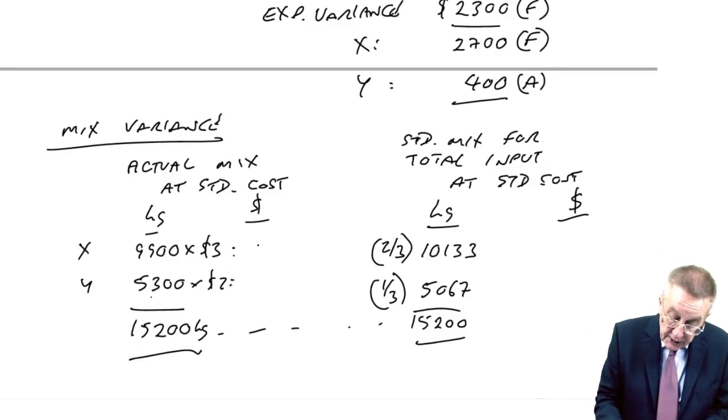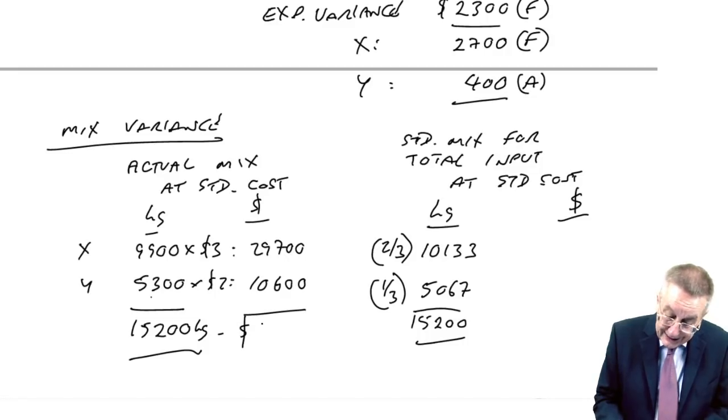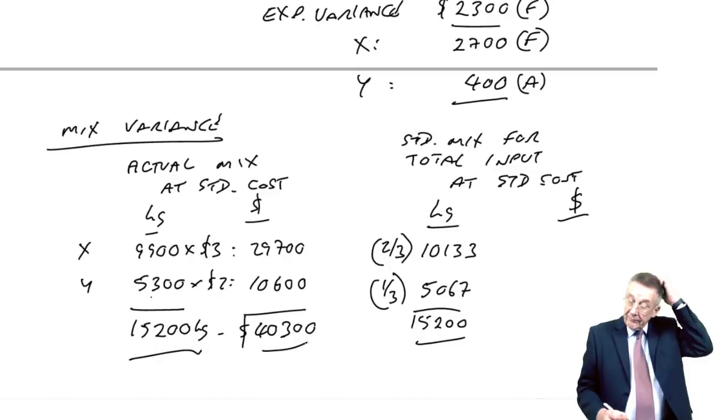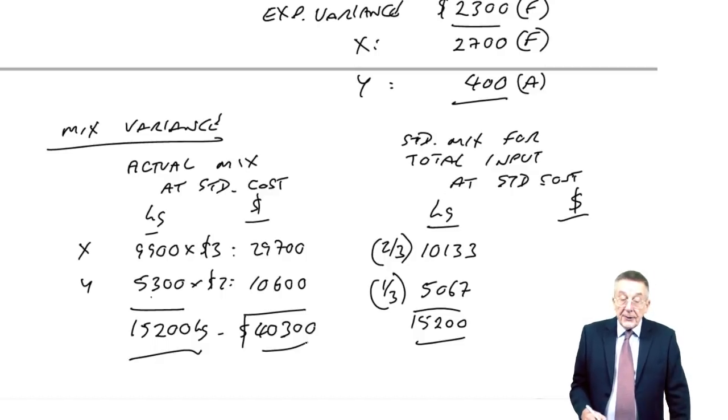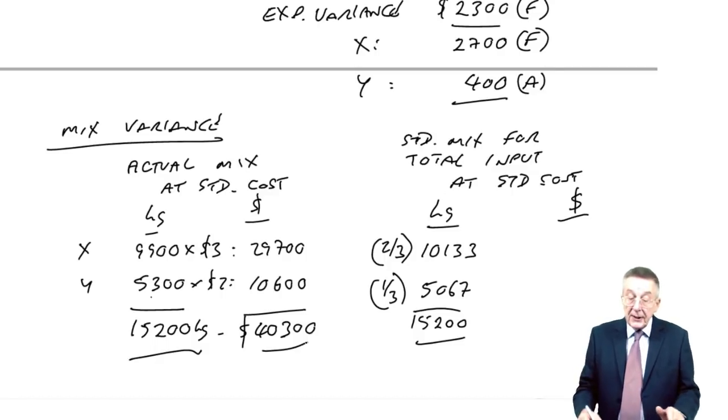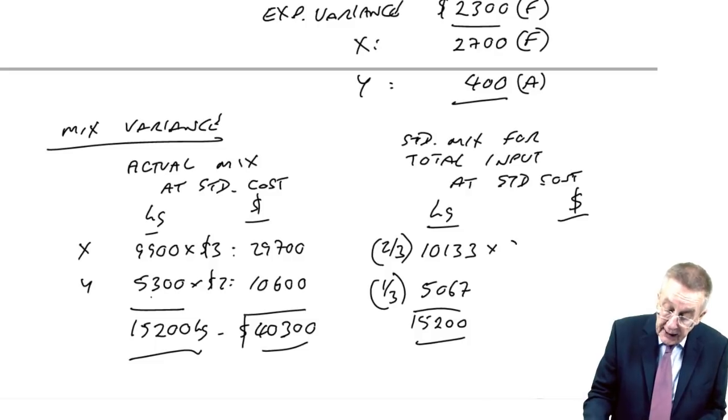But X, a standard cost is 29,700, Y, 10,600. Total, 40,300. As far as actual mix is concerned, that's what it was. Well, again, at standard cost, 3 and 2.